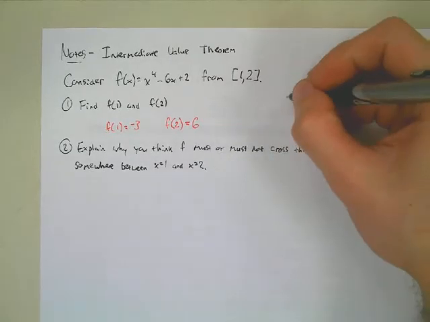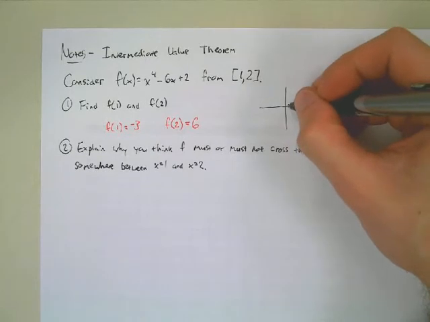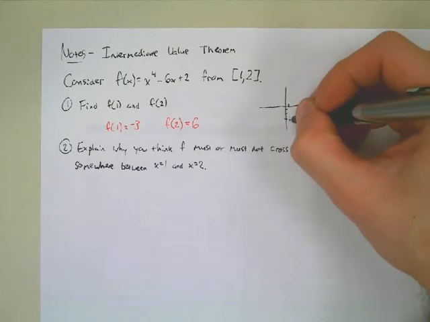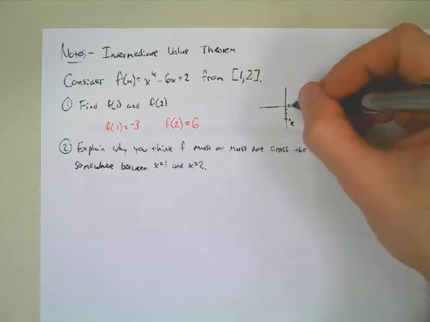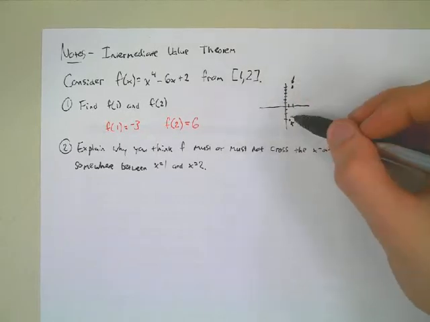So if I just do a quick sketch, I have the point 1, negative 3. And then at 2, it goes up to 6. And we know that we had to go from this point to this point.